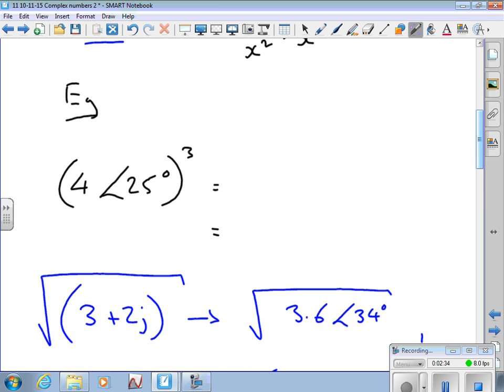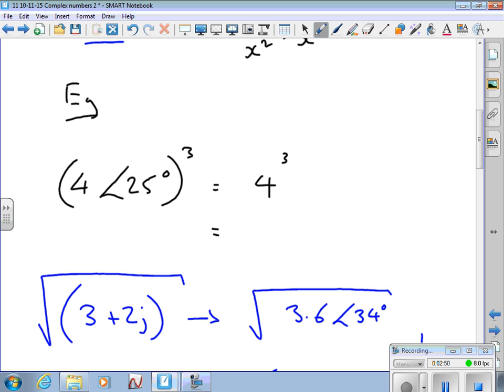For example, 4 angle 25 degrees cubed equals. What we do in this case is we apply De Moivre's theorem.